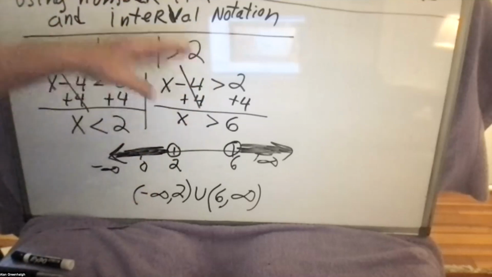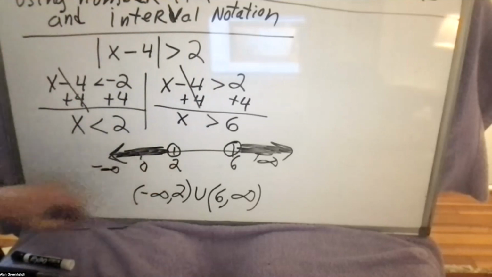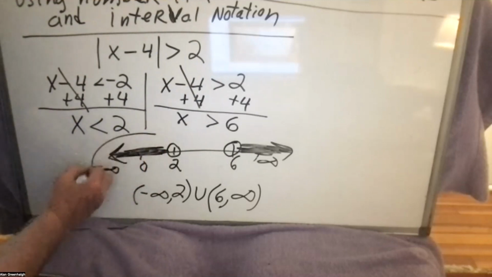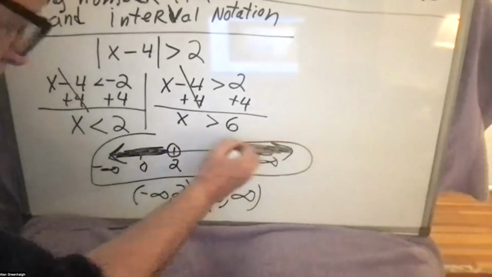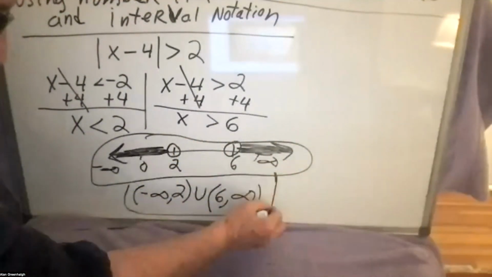I'm not asking how you solved it. You can solve it mentally if you want. But this is what I'm looking for: this number line here and this interval notation here.